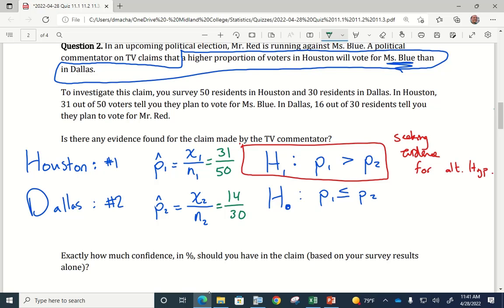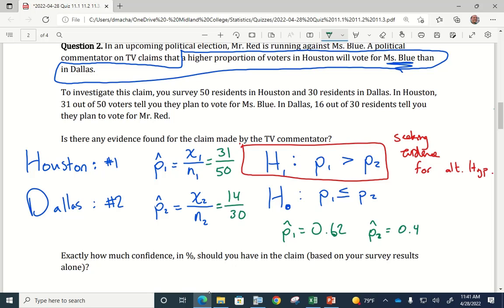All right. So we have our sample proportions, and P1 hat is going to be 0.62. P2 hat is going to be something like 0.43, 0.44.